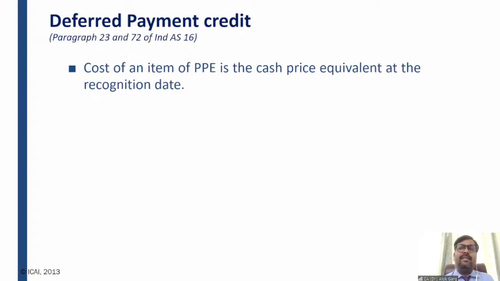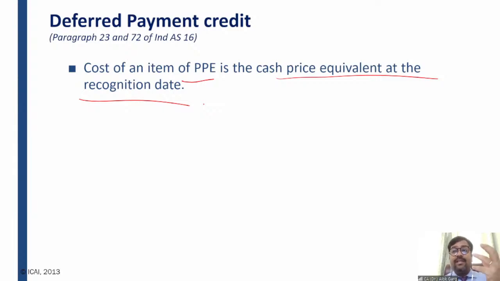So this transaction is not only a purchase of PPE; it is a purchase of PPE plus payment of interest on the borrowing. So the standard says that if the asset has been purchased on deferred payment credit terms, then the cost of an item of PPE is the cash price equivalent at the recognition date.